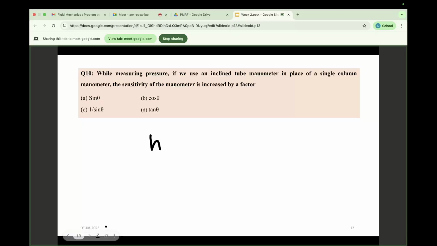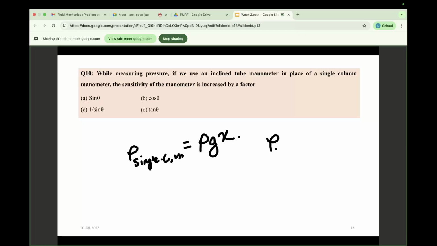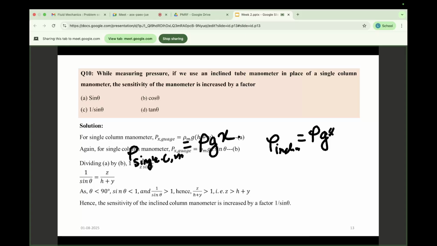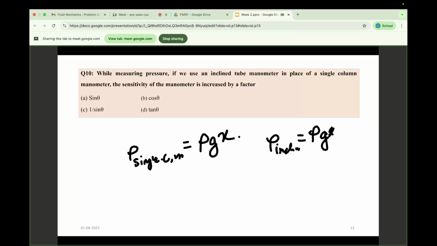In a horizontal single column manometer, I can write rho g, say this value as x, and for the vertical one I have found out, sorry, and for this inclined one, what I have found out is rho g L sin theta, right? So that thing, sorry, this is pressure.